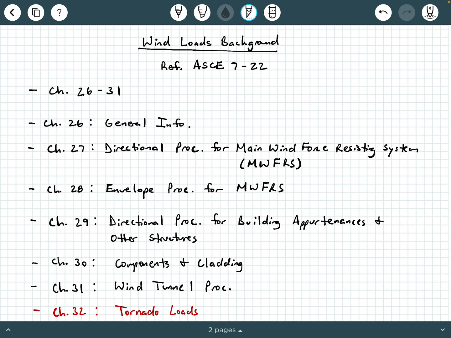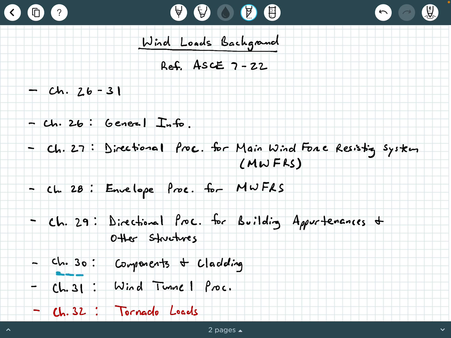Well, these are things that might not be the main wind force resisting system of your actual structure. These are items that are like attachments to your building, or maybe you have a small sign or tank that is either freestanding or on the rooftop of your actual building itself. So that's what we mean by building appurtenances and other structures.